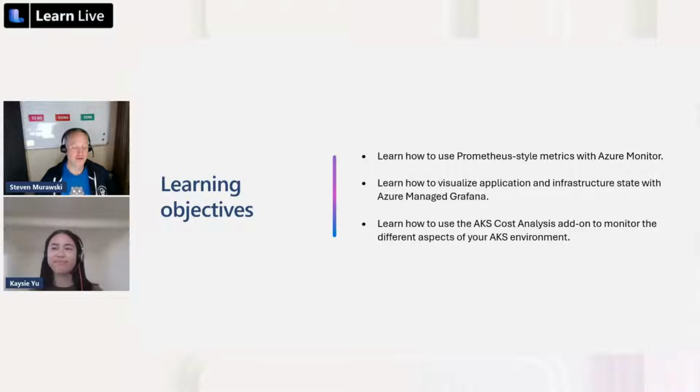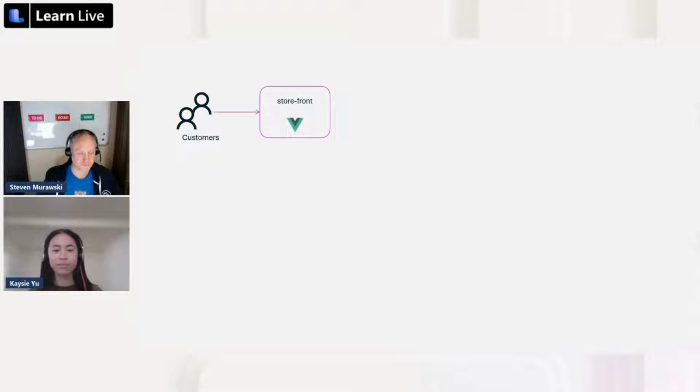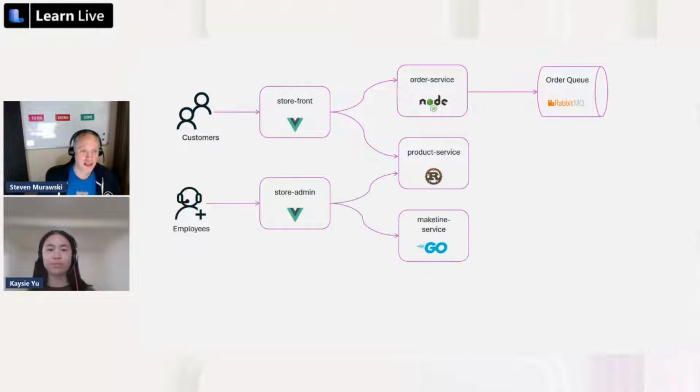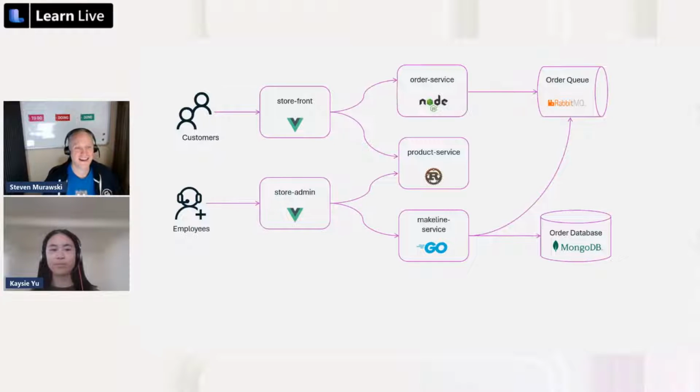The application, I just want to cover a little bit about the application environment that we are going to be using. We're not going to spend too much time in the app itself, but we'll be seeing a lot of the details of that app as we go through the features that we're enabling today. So if you were with us for either of the last 2 weeks, you'll recognize this architecture diagram.